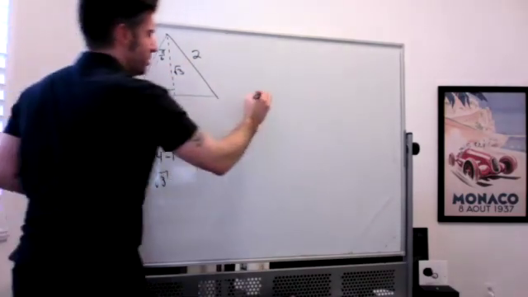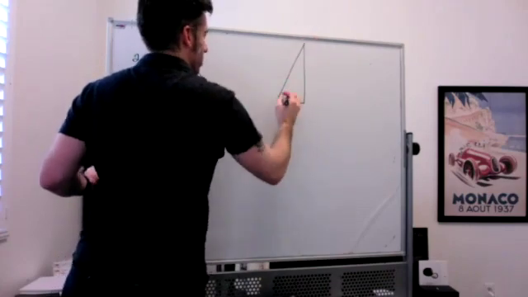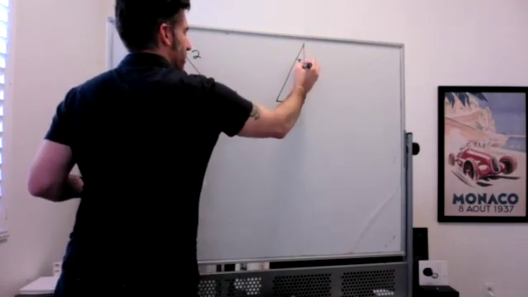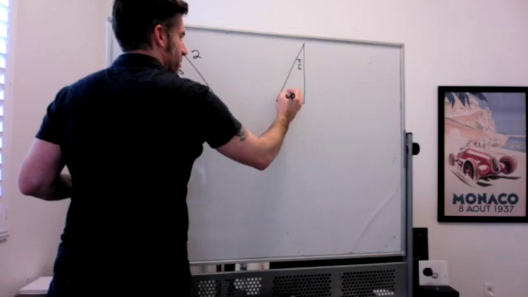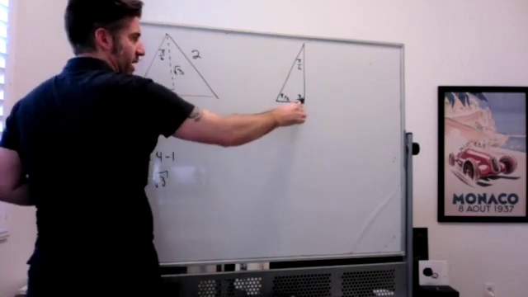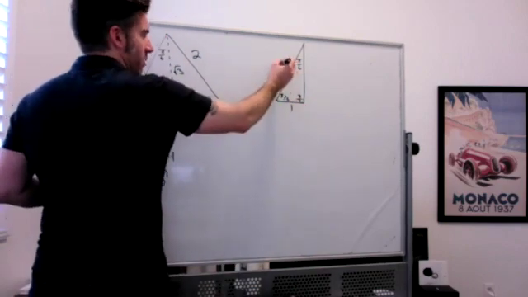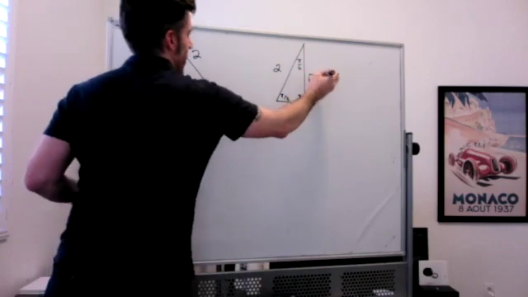So this triangle, which I'm going to draw again, your 30, 60, 90, or pi over 6, pi over 3, pi over 2 right triangle, has sides: shortest side 1, longest side 2, middle side square root of 3.